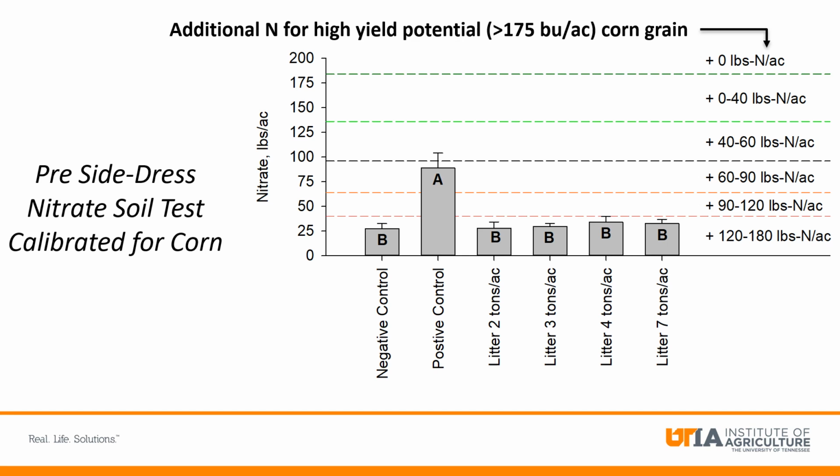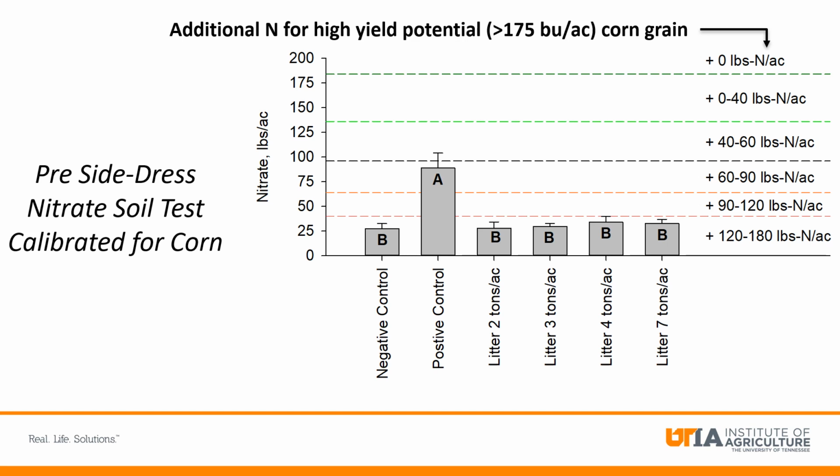As I mentioned earlier, the University of Tennessee does have a calibrated pre-sidedress nitrate test for corn. This is a 12-inch soil sample. We recommend that you collect that soil sample at V4, in which case you have enough time to get the analysis done and the split application of nitrogen complete at V6.